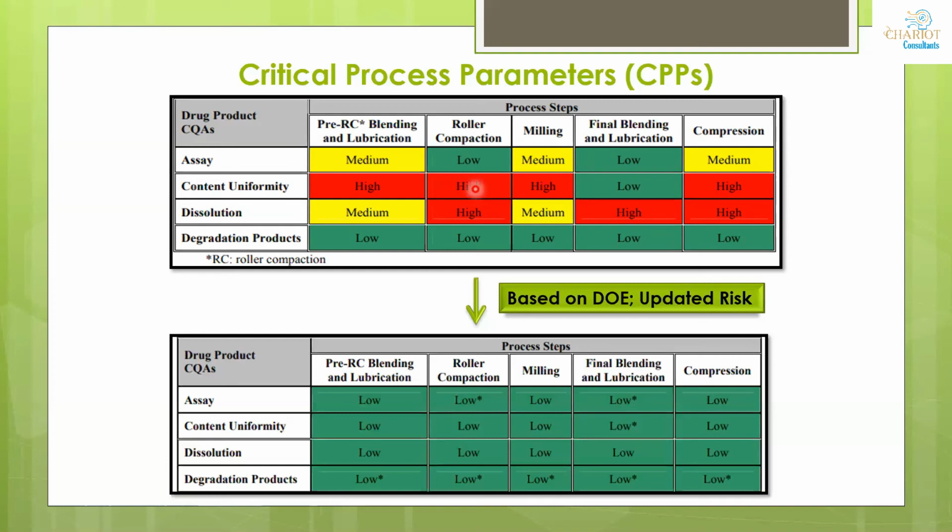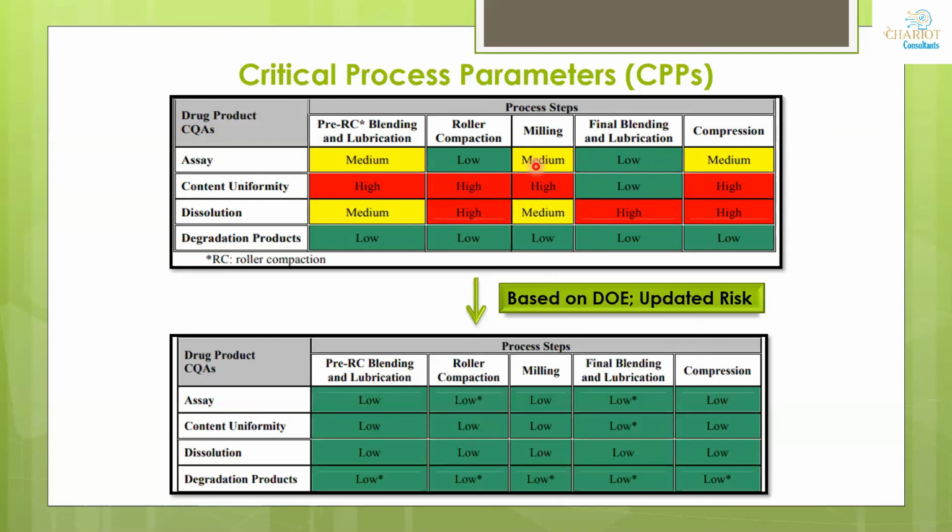The press force is how hard you are creating the granules. So you will evaluate the press force, low press force, medium press force, high press force, and based on that you will see which is the optimum press force for your granules to get the desired dissolution. Then you will put it in your control strategy, and finally you will reduce the risk.